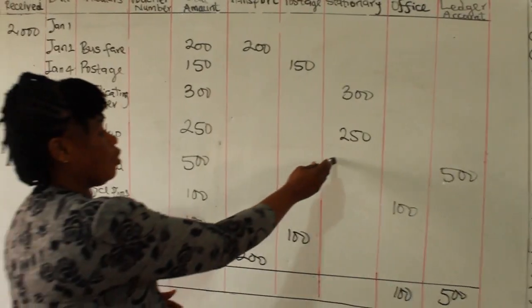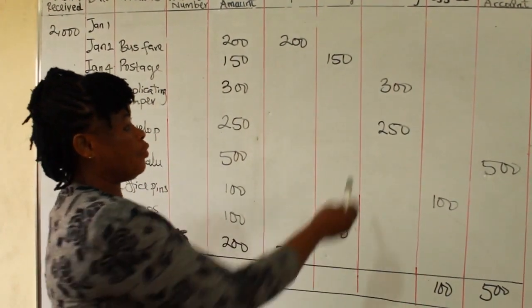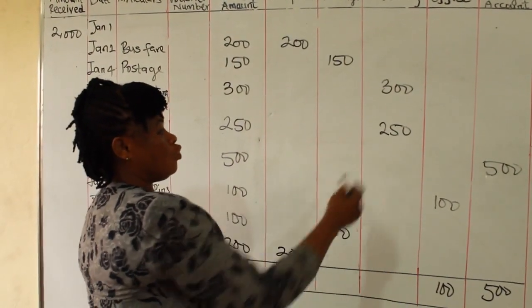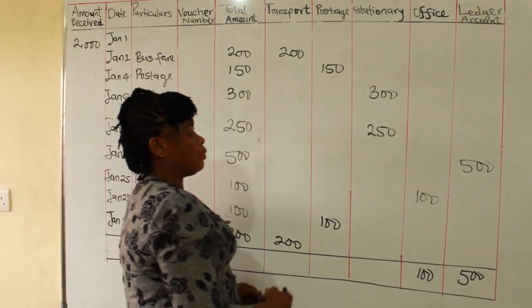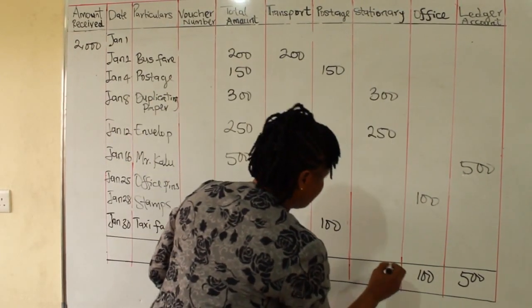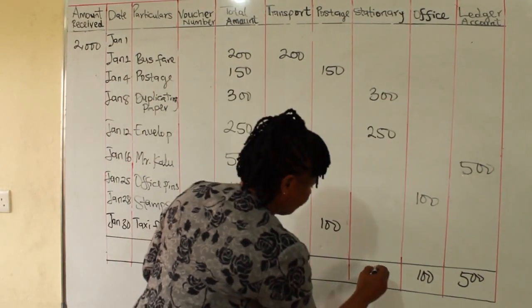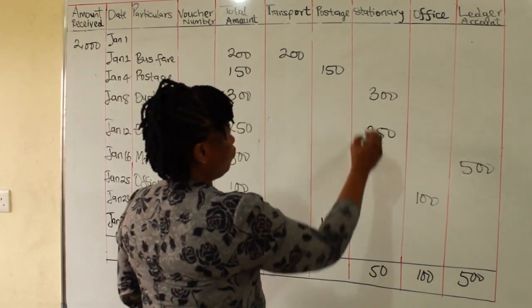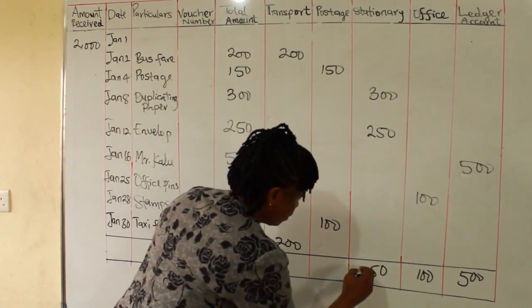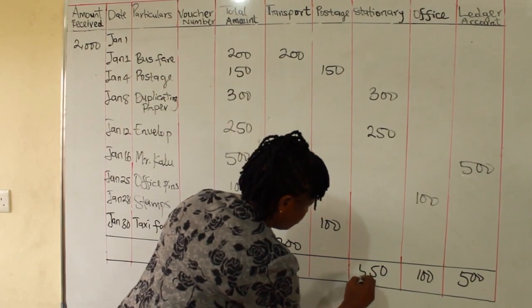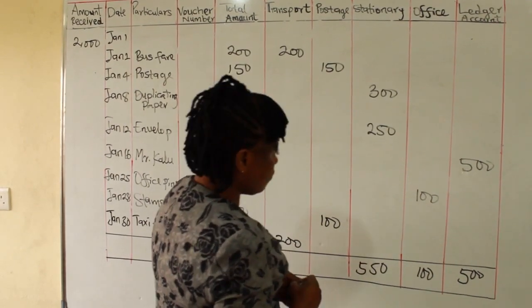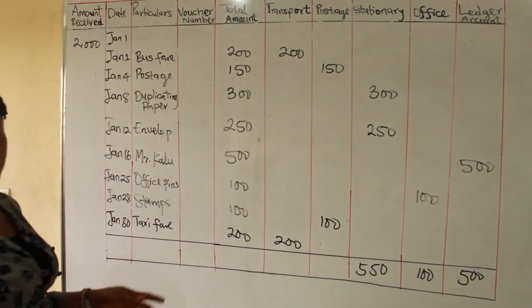Under the stationery column, you can see we have 300 naira and 250 naira. So we add up. 0 plus 0 will give us 0. 0 plus 5 will give us 5. 3 plus 2 will give us 5, which is 550 naira.